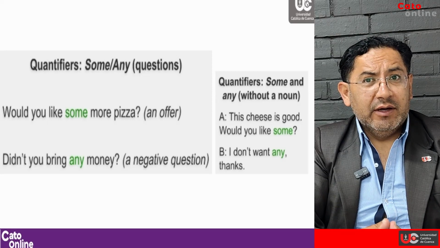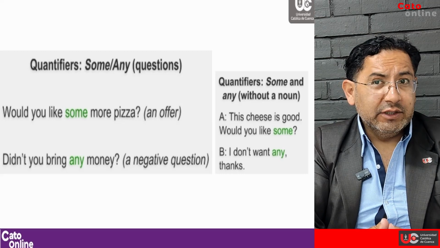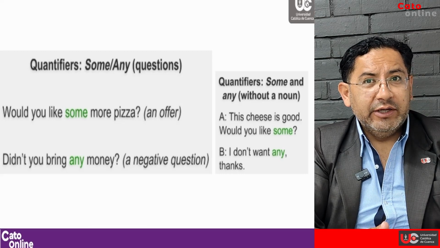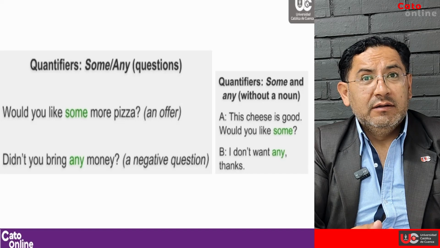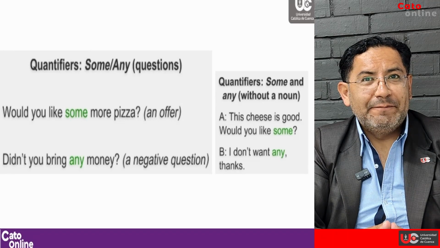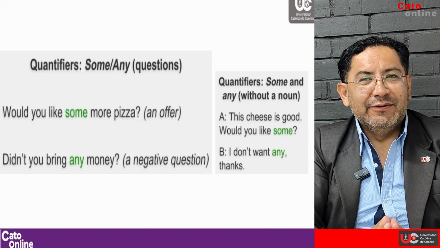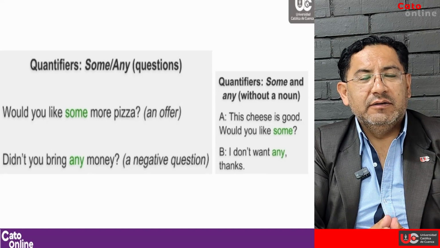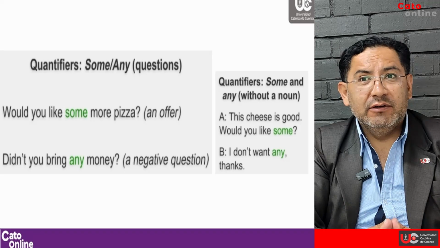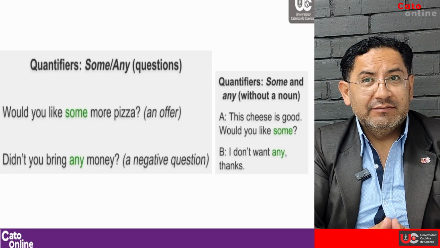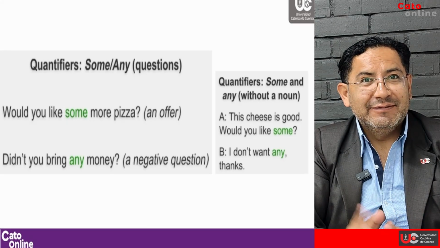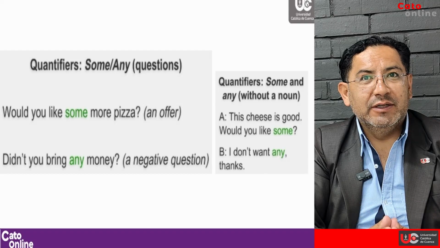Did you bring any money? A negative question. Did you bring any money? Any money? Some pizza. Okay? Be careful. Focus on this kind of questions. Offer or negative question. Affirmative question.